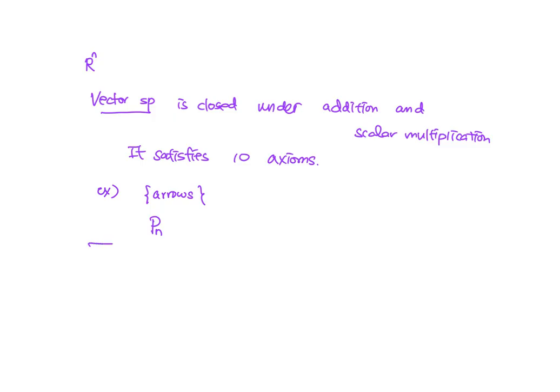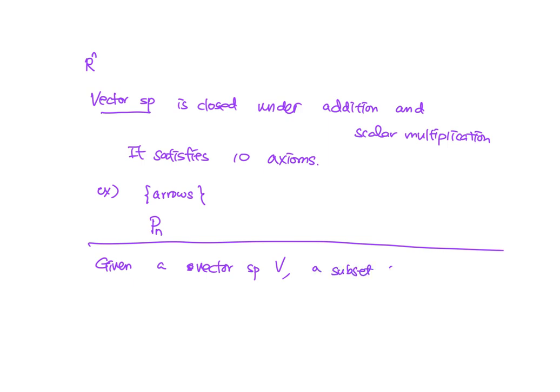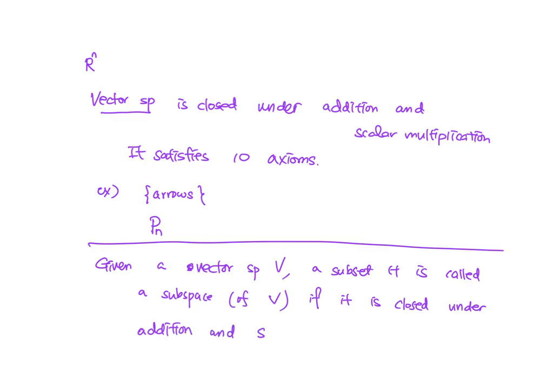And then we considered something called a subspace. So given some vector space, say V, one of its subsets, a subset H is called a subspace of V, of course, if it is closed under addition and scalar multiplication.